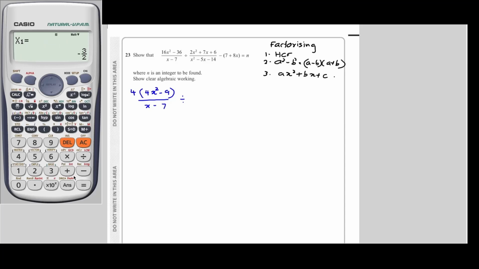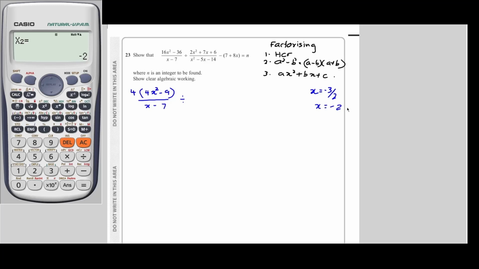So the solutions are x equals minus 3 over 2, and x equals minus 2.